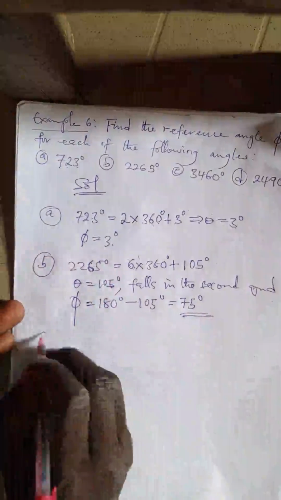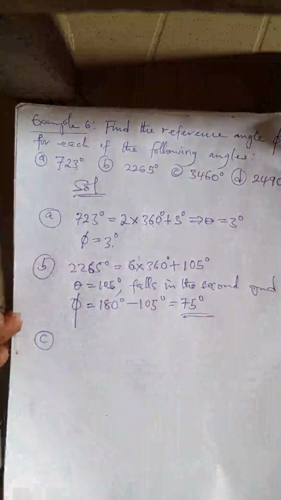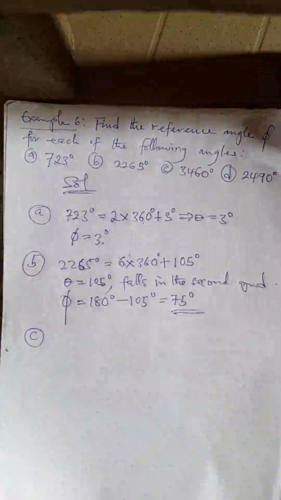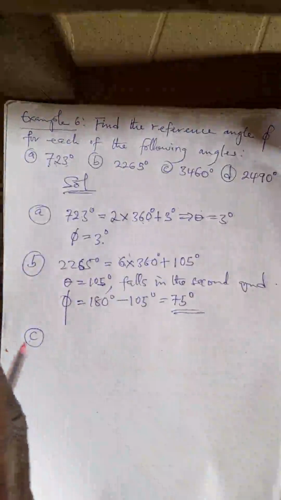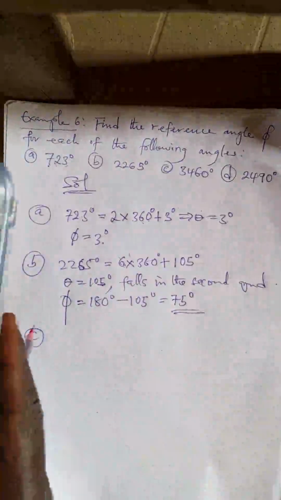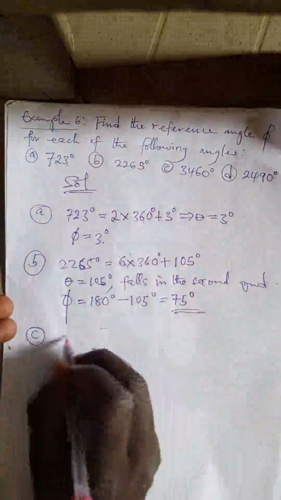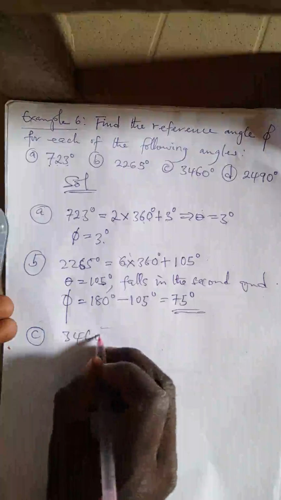Now we go to example C, and then maybe from example C we close the video, and example D will be left as an easy exercise for the reader or the viewer to verify. So for C, it is 3460 degrees.